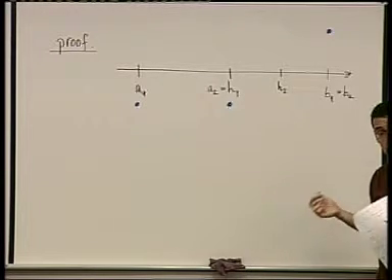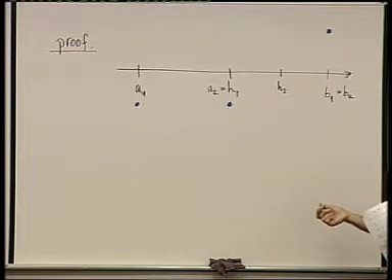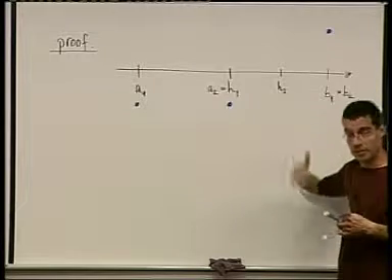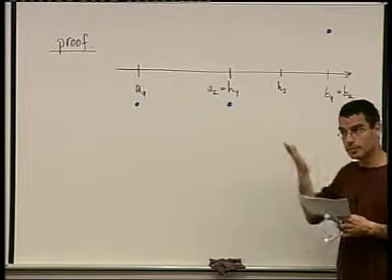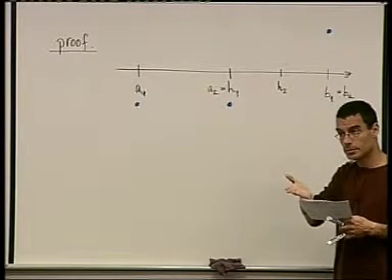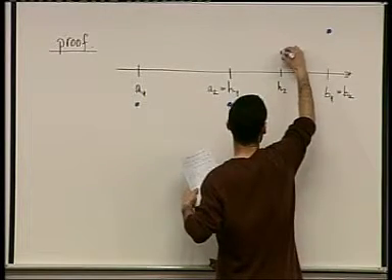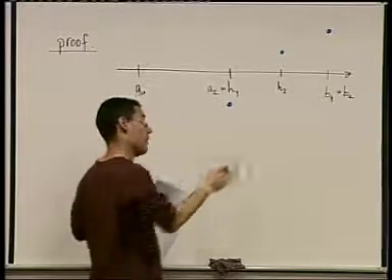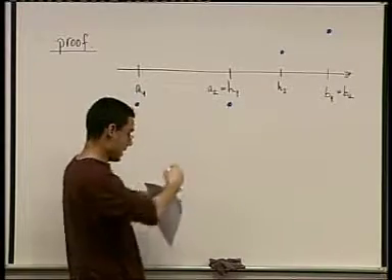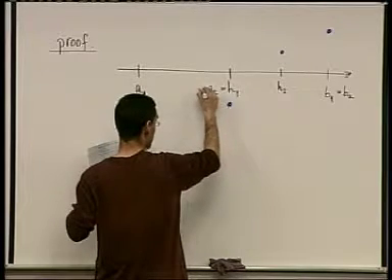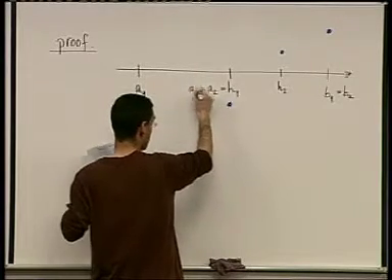If the function happens to be 0 at H2, good, I'm done. If it's not, then the value at H2 is either positive or negative. Positive. Fine. Suppose it's positive. Now I'm going to look at this interval. I'm going to call this point here also A3.